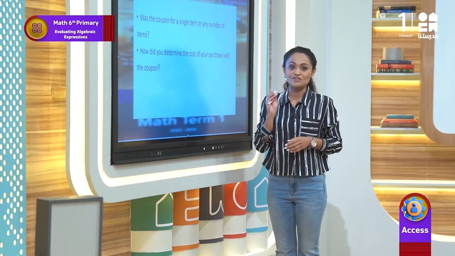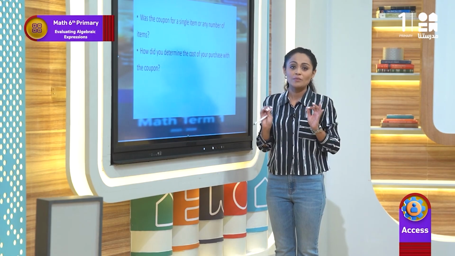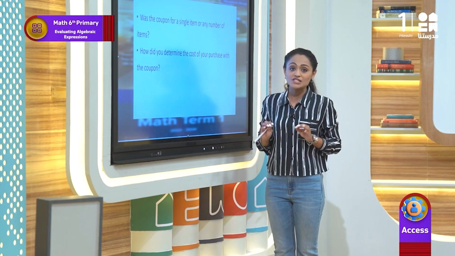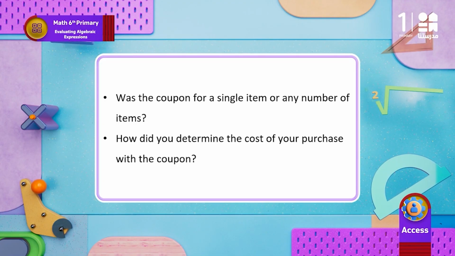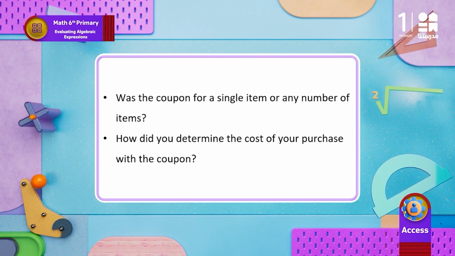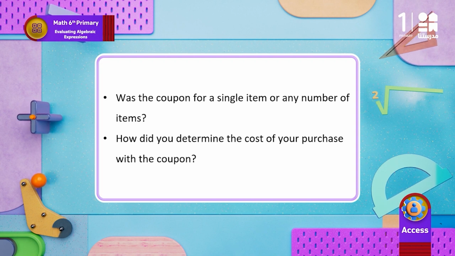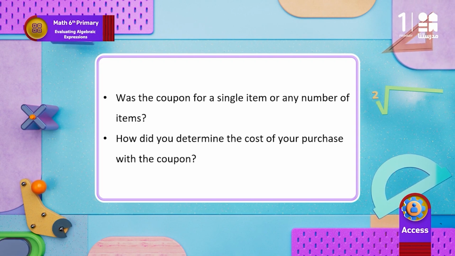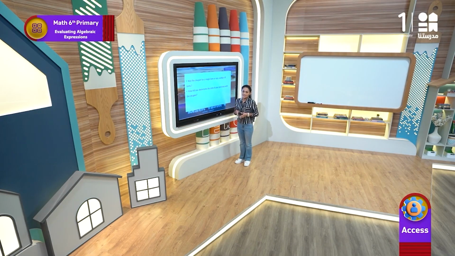I'll give you time to think, and when we get back, I will show you how my students thought about the questions of these activities. Let's see what my students find out.